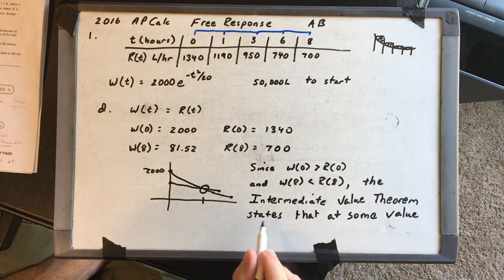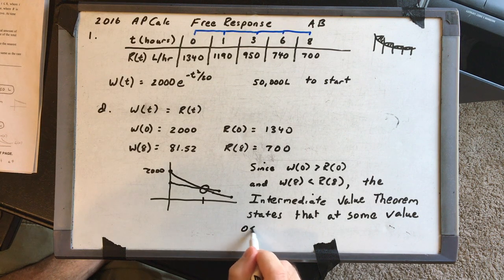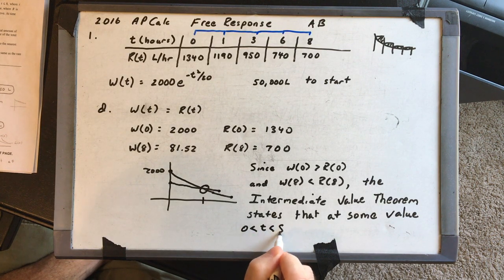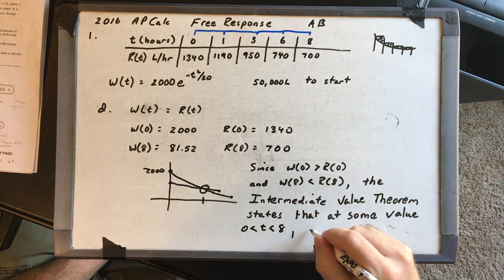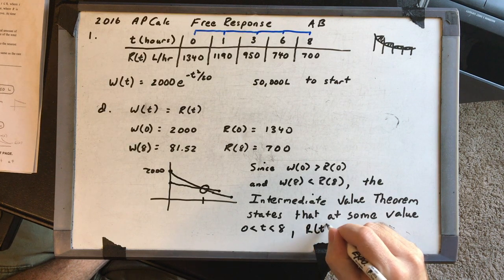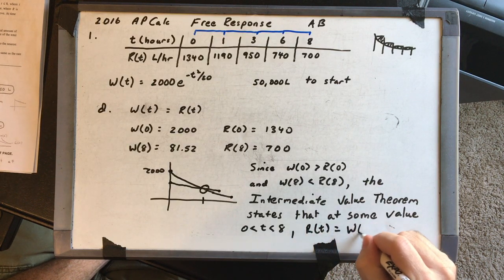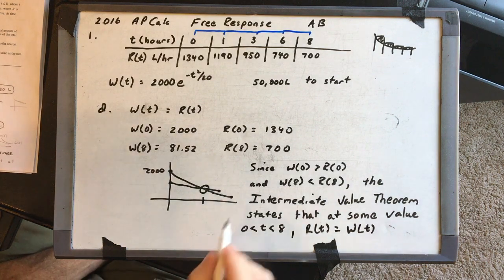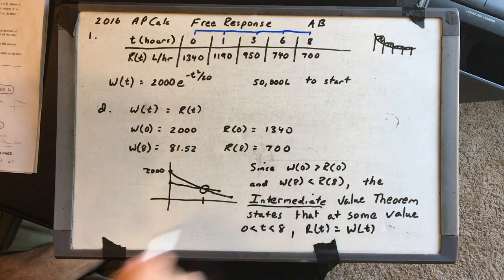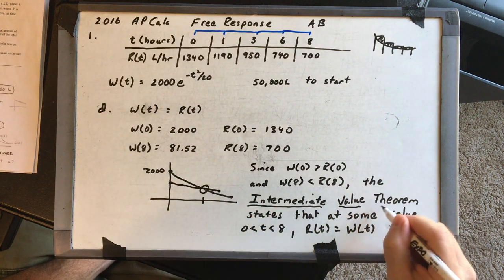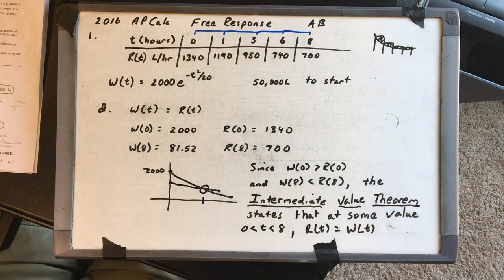At some value between 0 and 8, R of t has to equal W of t. So they're looking for that intermediate value theorem somewhere in the explanation. All right, that's number 1.